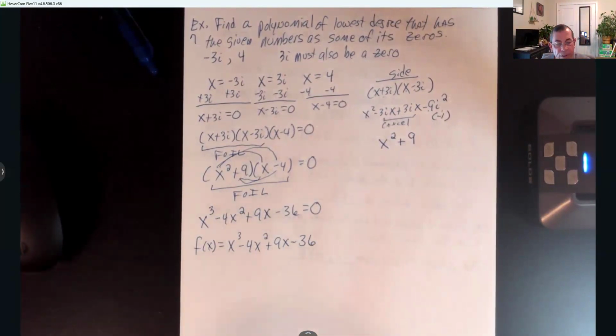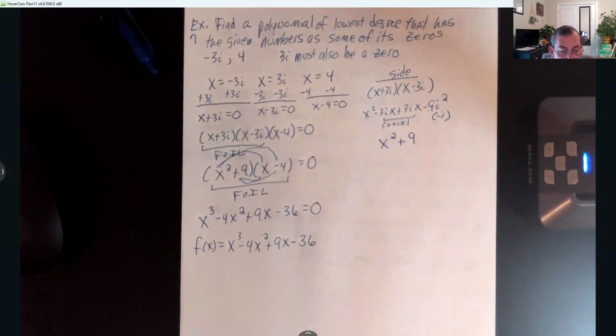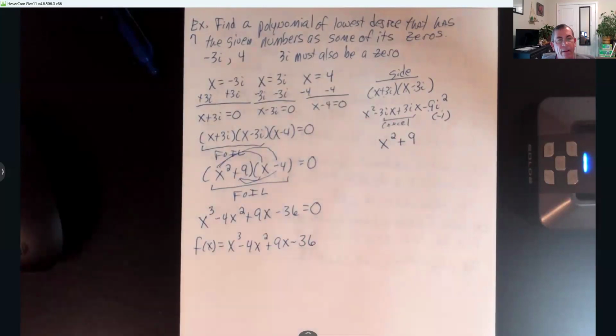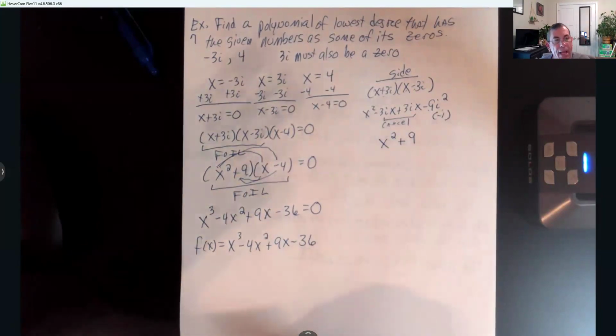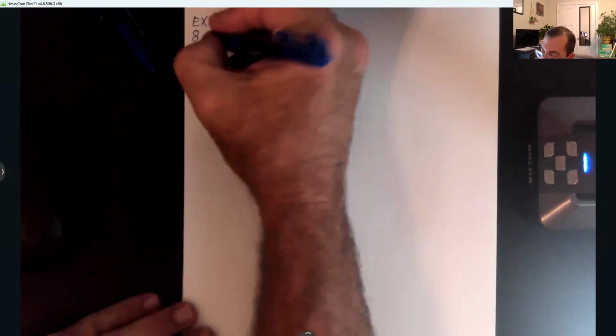Okay, y'all, so that's really the trick on these, is to remember that imaginary and radical come in conjugate pairs. So they had another one like this, number 7 for number 8 that I'm about to show you. So this example will be like number 8. So y'all, same thing.